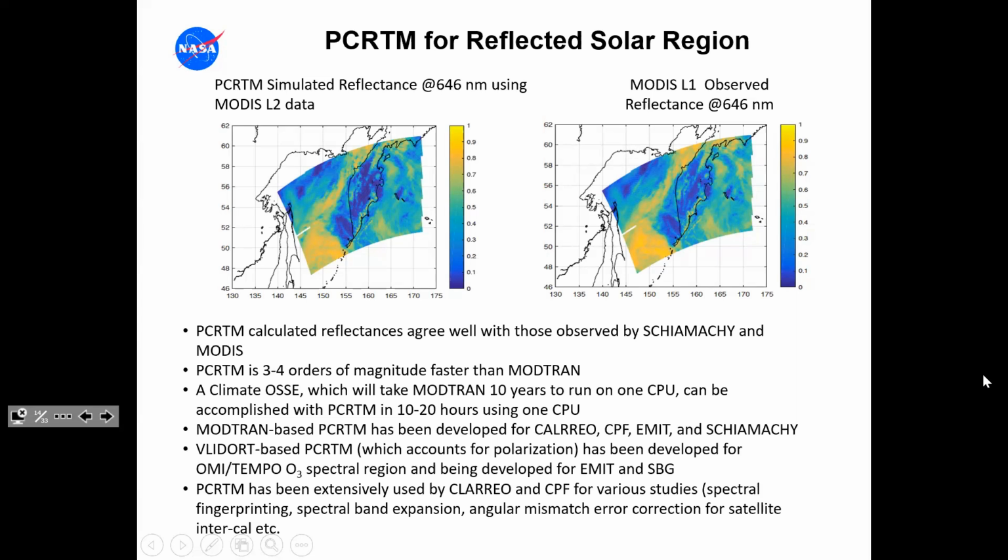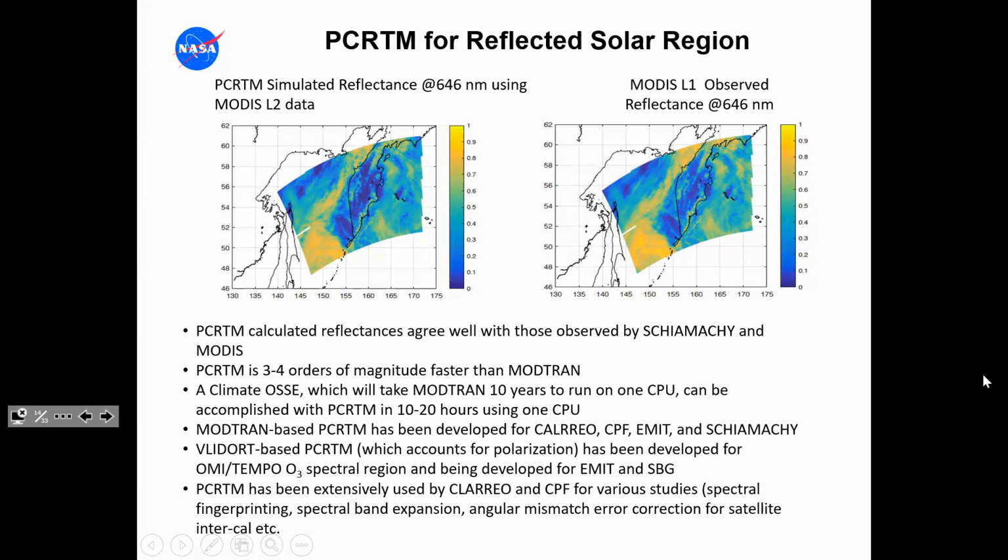So with PCRTM, we took the MODIS level 1 data, put it into PCRTM, calculated the radiance, and then compared with the observed one. The observed one is broadband, and here we are hyperspectral, so we only pick a few channels and compare with the observed one. You can see the two agree with each other very well.